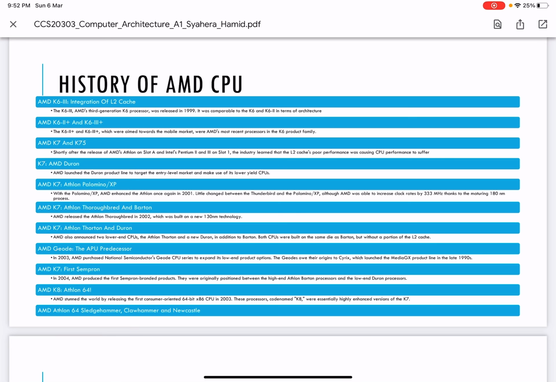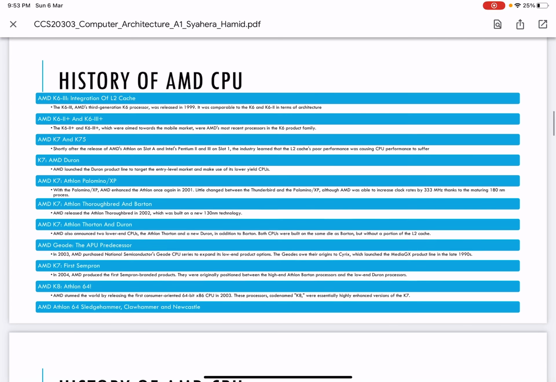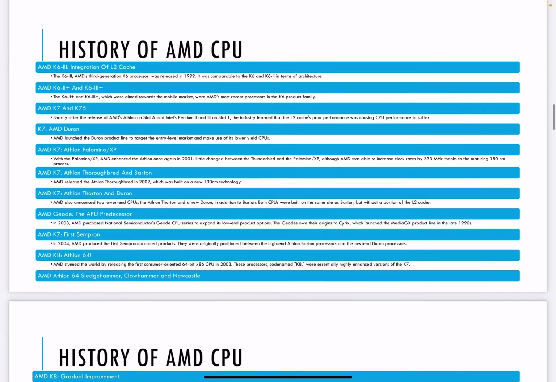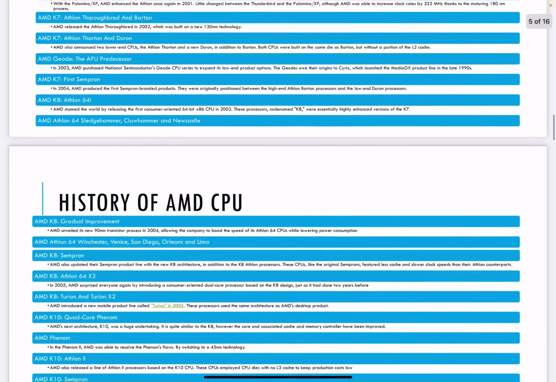In 2003, AMD purchased National Semiconductor's Geode CPU series to expand its low-power product options. And then in 2004, the AMD K7 first Sempron. And then Athlon 64 K8, Athlon 64 Sledgehammer, Clawhammer, and Newcastle.